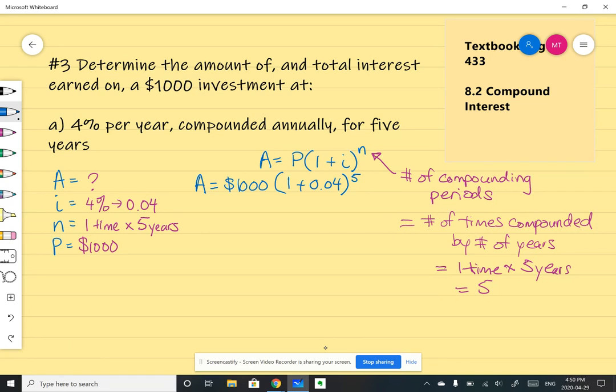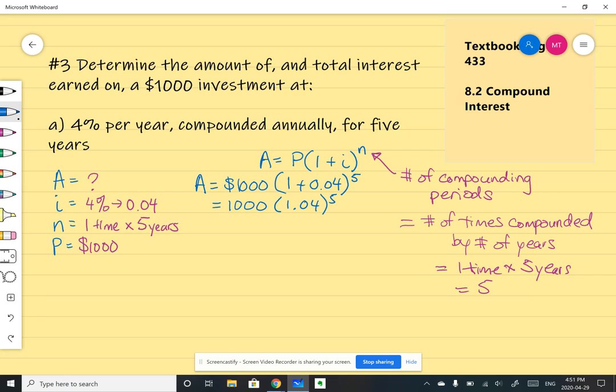It's important that we simplify what's inside the bracket. I'm just going to take out the dollar sign as well. When I'm putting this in the calculator, just to make it a little simpler, it may be better to put 1.04 to the power of 5.